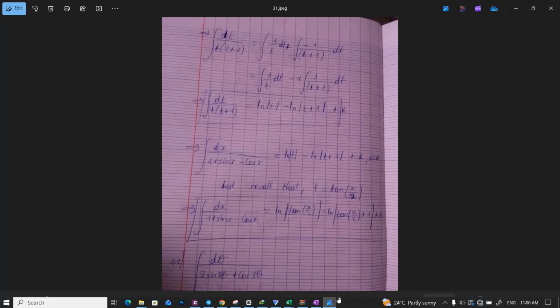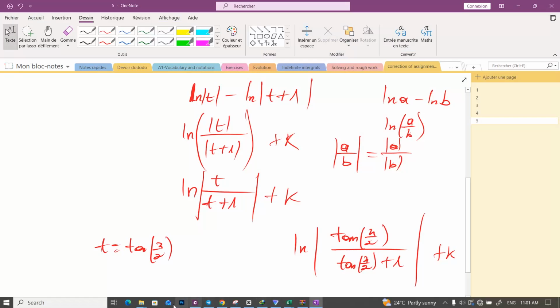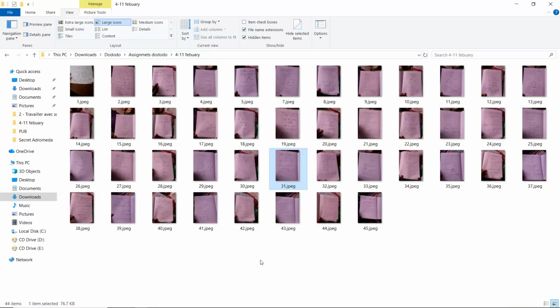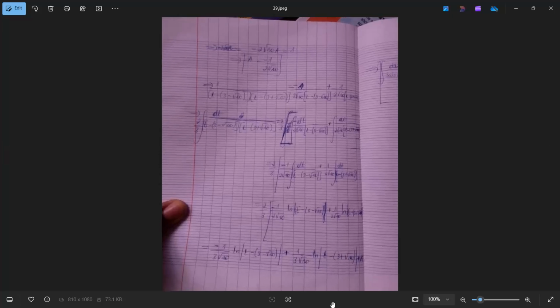So that's it. Let me talk again on another observation that I saw. Let me go on image 39.